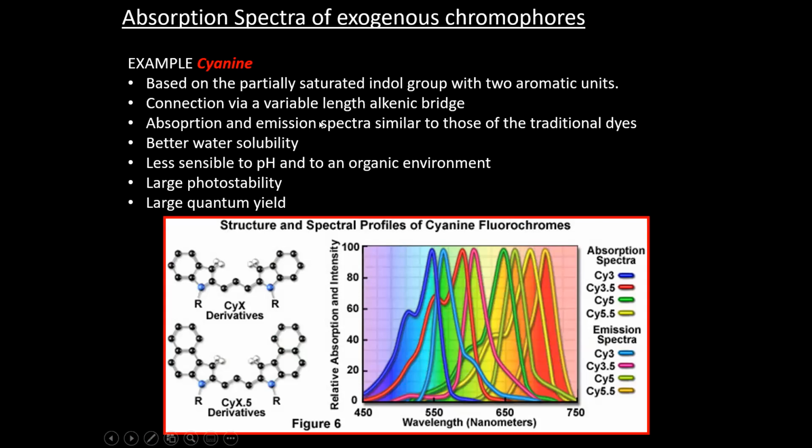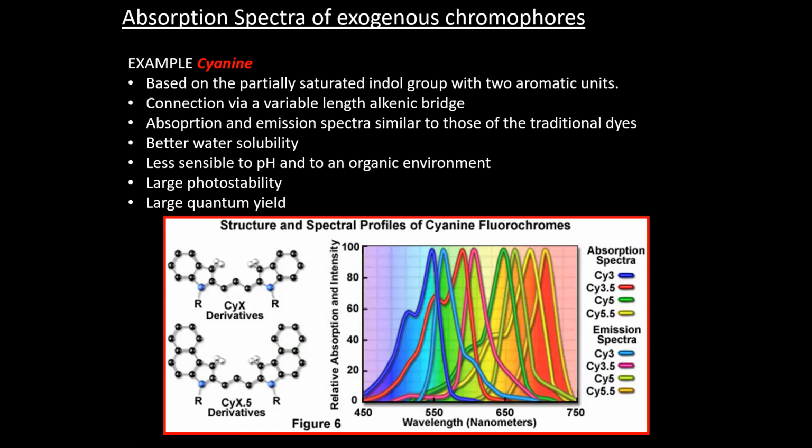The absorption and emission spectra are similar to those of the traditional dyes. They have better water solubility, so they are more soluble. They are less sensitive to pH and to the organic environment. They are more photostable, and they have a large quantum yield. But these last two things we didn't introduce yet, so we don't discuss them.